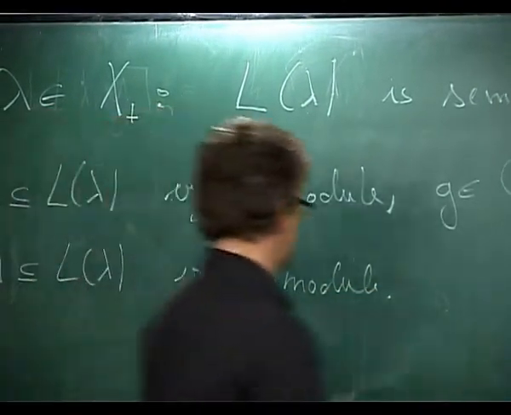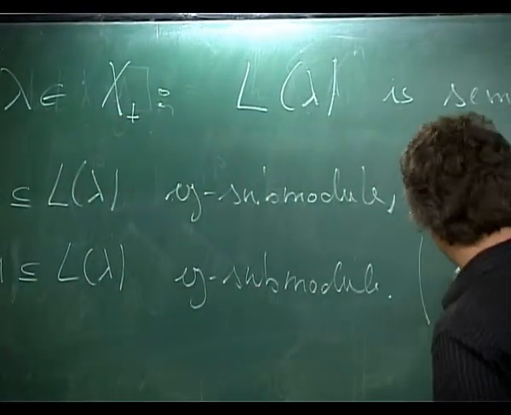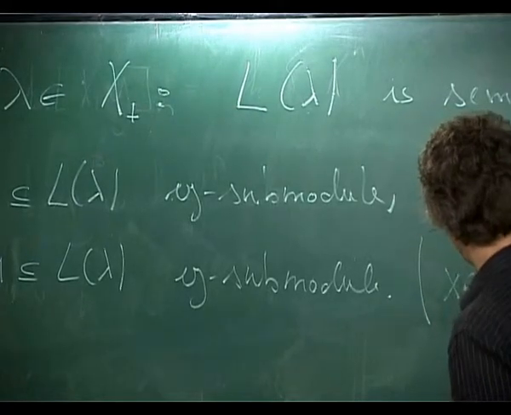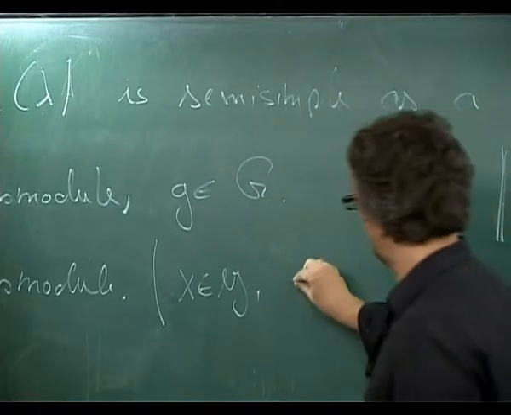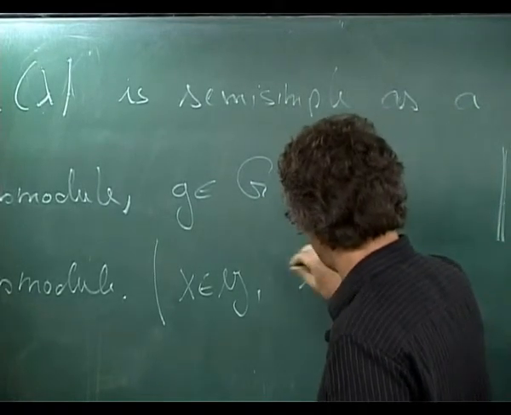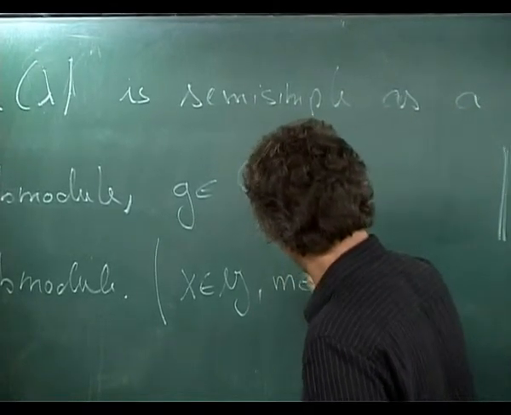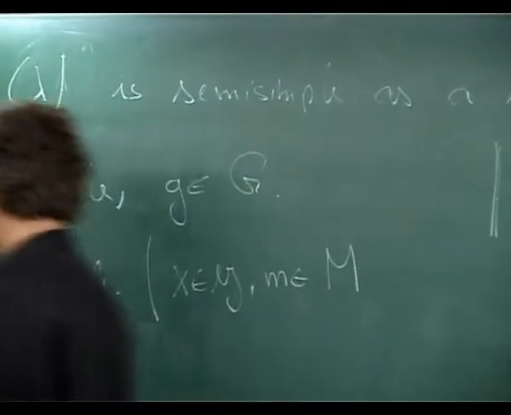It's a simple calculation. So if you have x in the Lie algebra, you want an m in M.